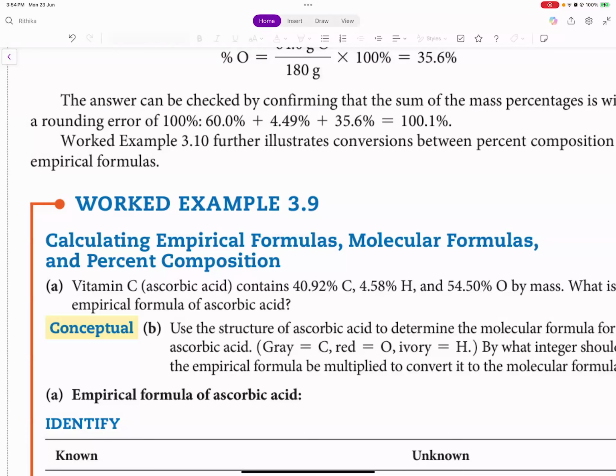Okay. How did you calculate the moles? Run me through it. 40.92, everything divided by the molar mass. Yes, but you divided for the first 40.92, right? Yeah, I've taken whole numbers, like 12, 1, 16. So you get 3.41 for the first.